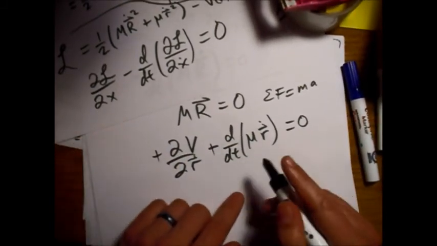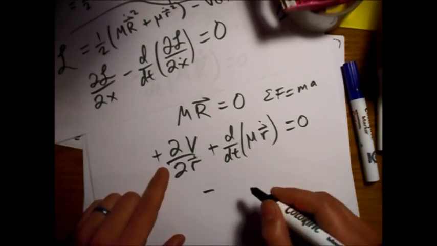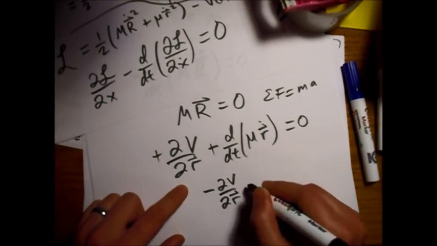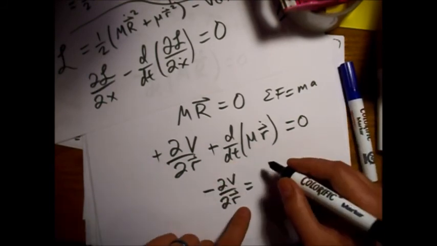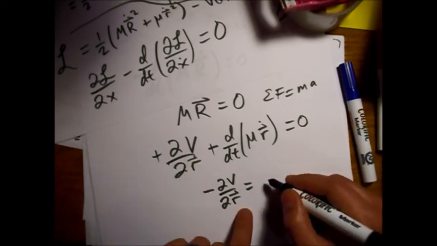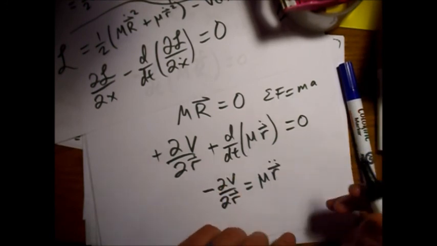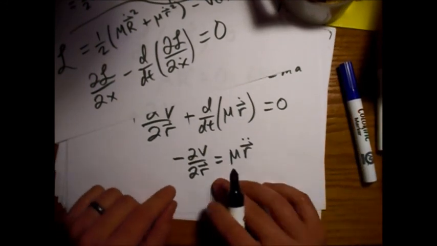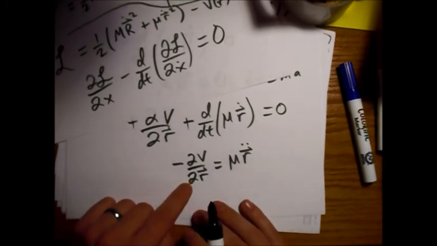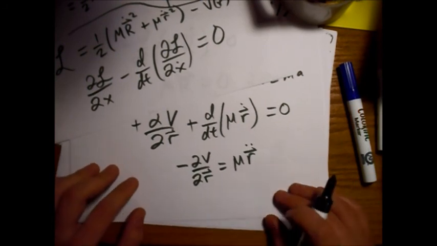Let's write it this way, actually. Move this to the other side, right? This one stays positive. All right, well, the negative gradient of a potential is a force, so this is actually a conservative force right here.